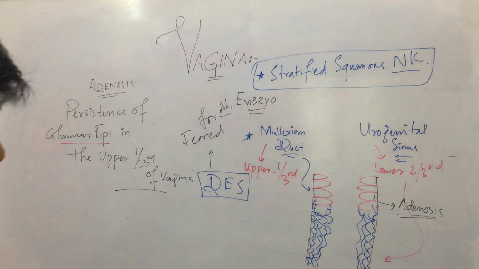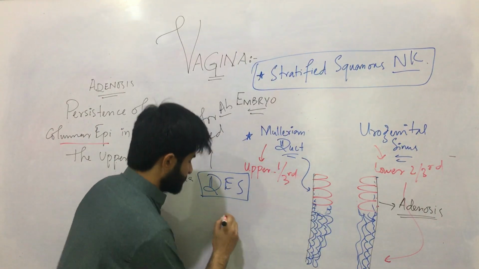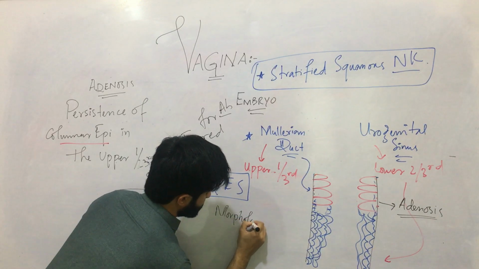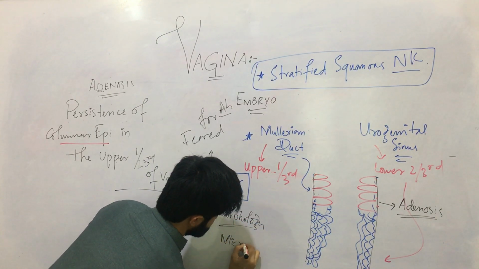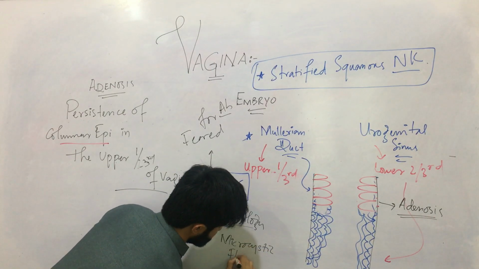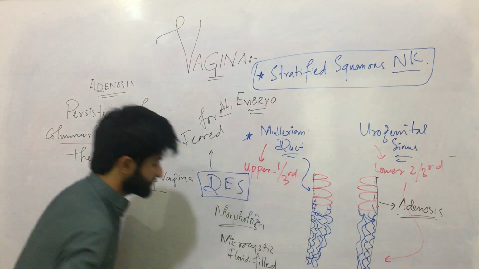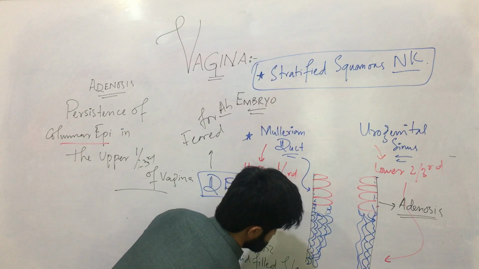And how does it present? It presents as columnar epithelium with morphology of some microcystic fluid-filled vacuoles.